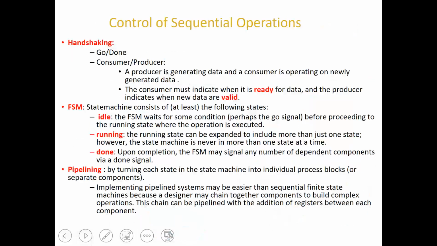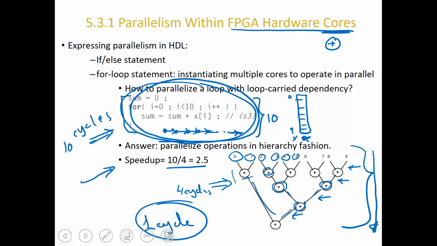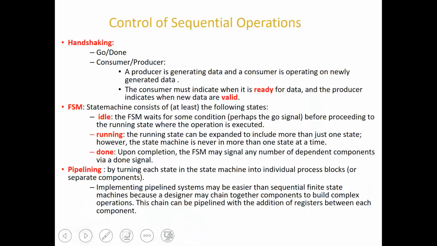Now, as you can see here, you see this business of adders passing things to adders. And now the question is, how can I manage this handshake of the data between them? We looked at that before, but really most of the handshakes happen with the model of a go-done, consumer-producer kind of thing.